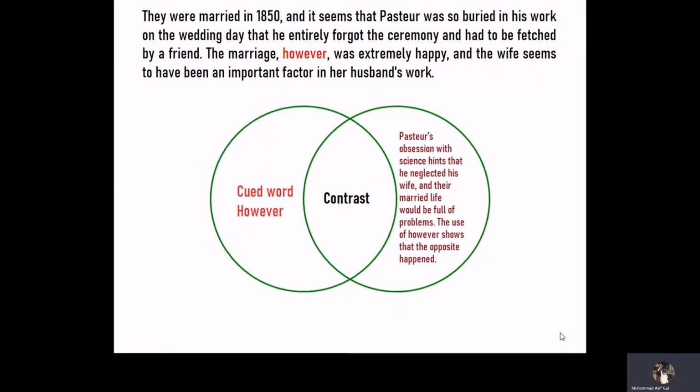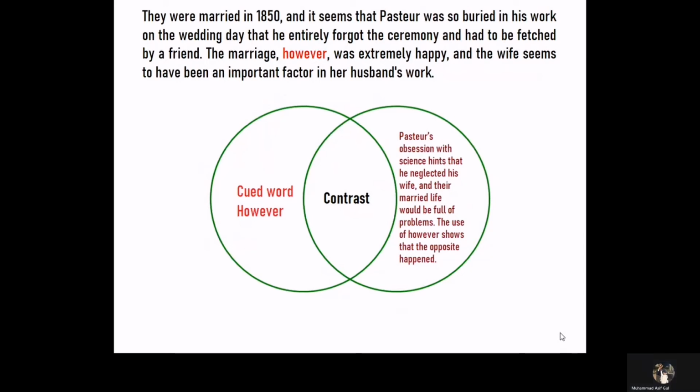From the sentence written before however, we can guess that their matrimonial life might not be so happy. But when we have used this word however, it shows that their marriage was a success.